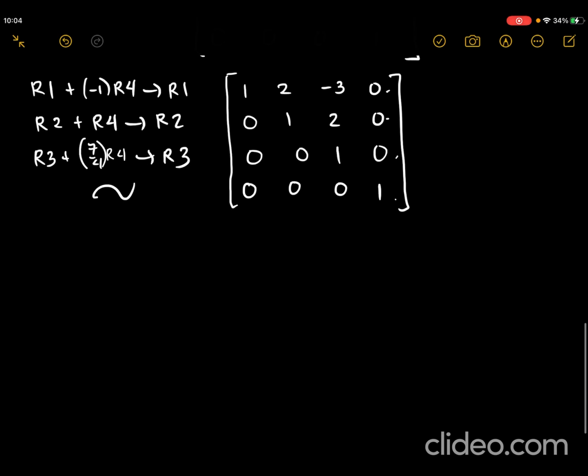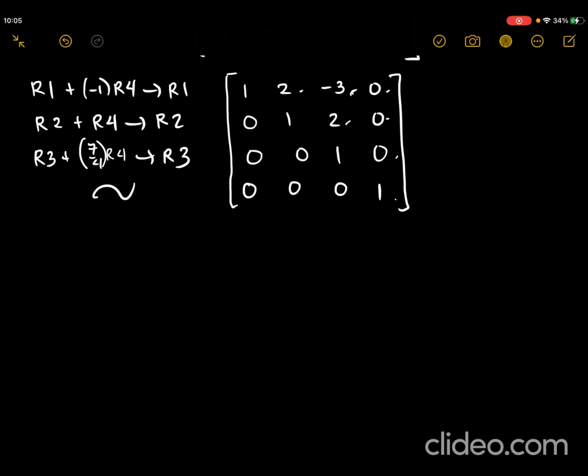So we just apply the same idea to eliminate these other non-zero entries. Remember, in a reduced row echelon form, if a column contains the leading entry of some row, other than that leading entry, everything else must be 0. That's why we are eliminating these numbers.